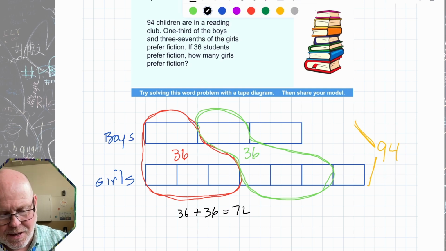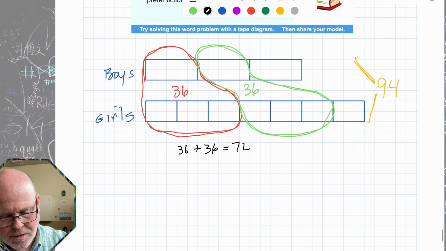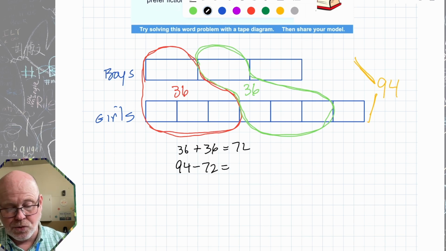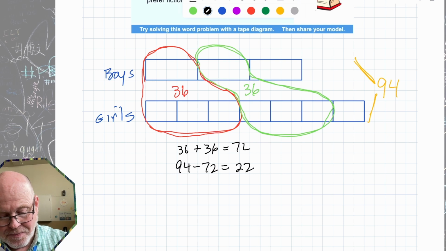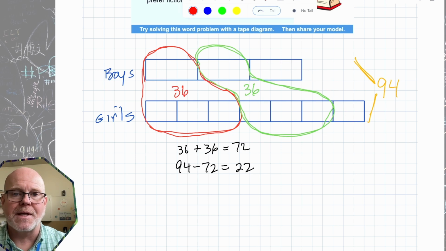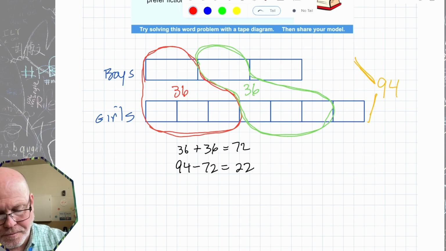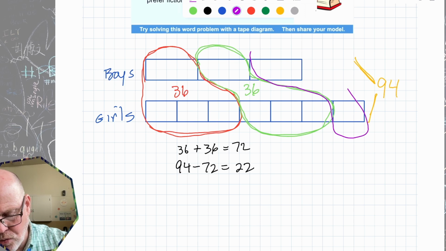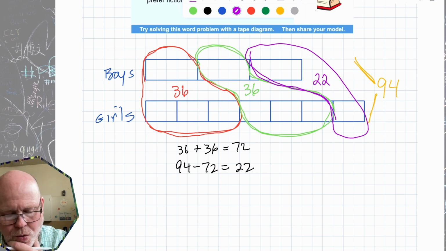So 94 take away 72 is equal to 22. So that means these last 2 units have to represent 22. So let's just circle that. So these 2 units right here have to equal 22.